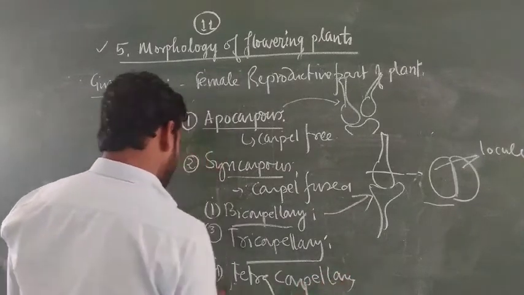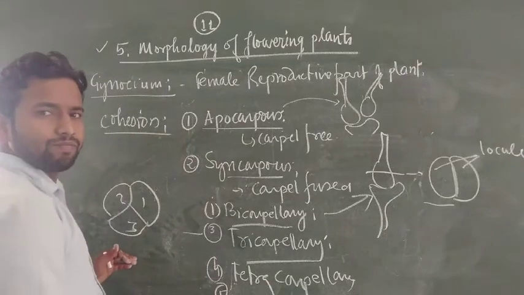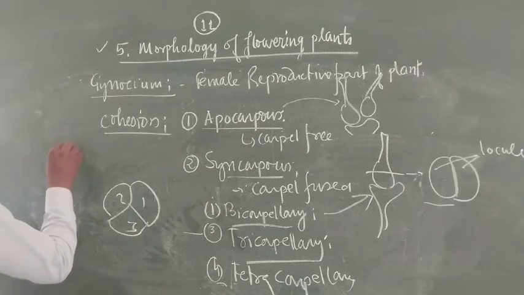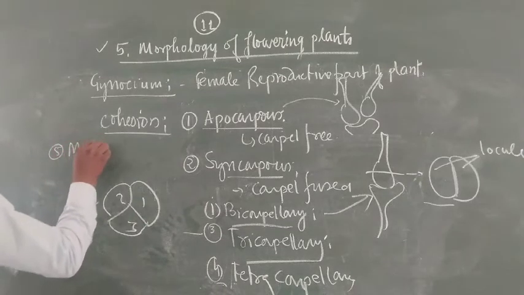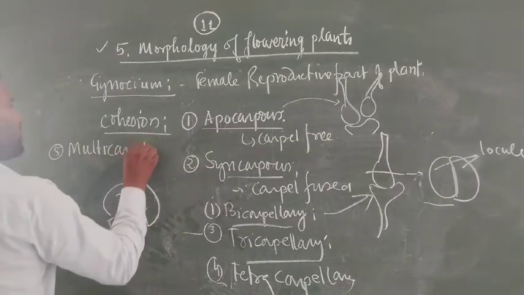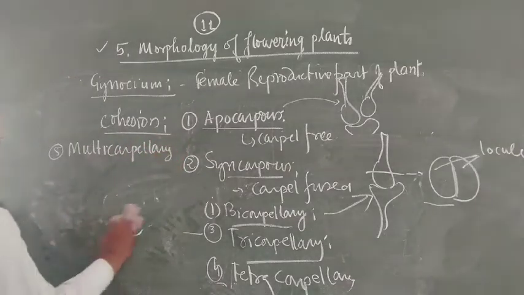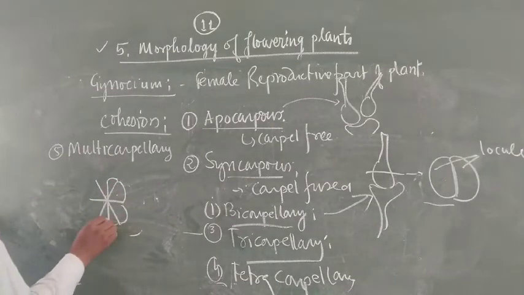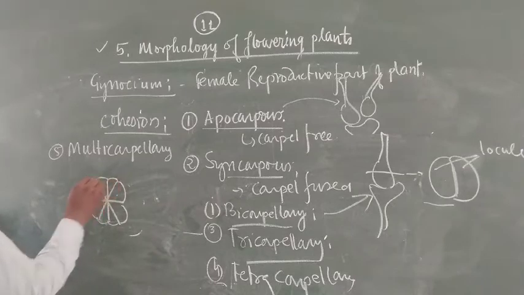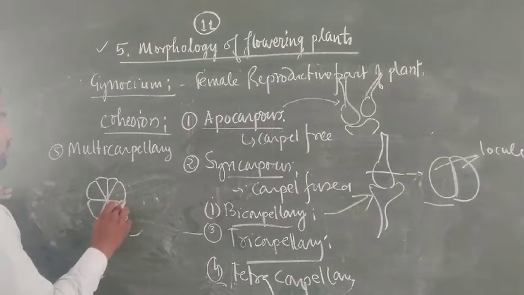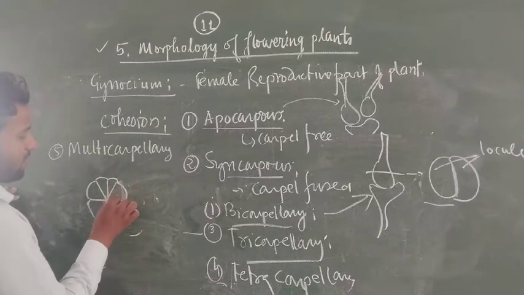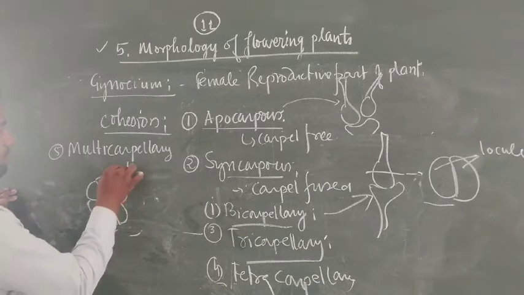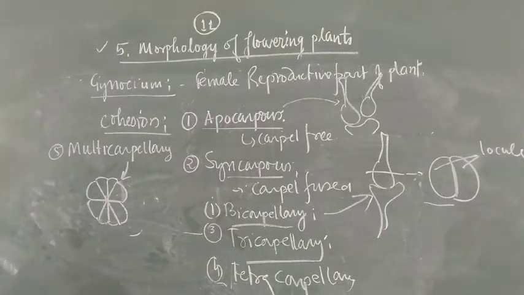Similarly, the fifth one is the multicarpellary situation. In the multicarpellary situation, the carpels form multiple chambers. You can see Cucumis maxima, kaddu plant, have you seen it? Kaddu, Cucumis maxima, is a condition of the multicarpellary situation.